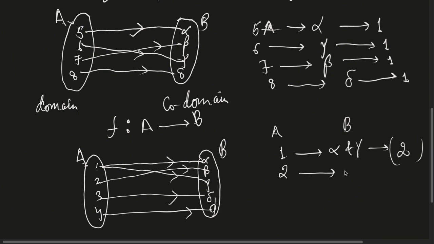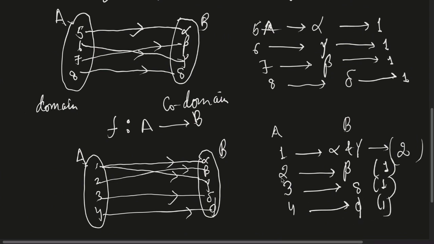Now, 2 has been mapped with beta, which means exactly one element in B has been mapped with 2 in A. Similarly, 3 has been mapped with only one element in B, that is delta. And 4 has been mapped with only one element in B, that is phi.